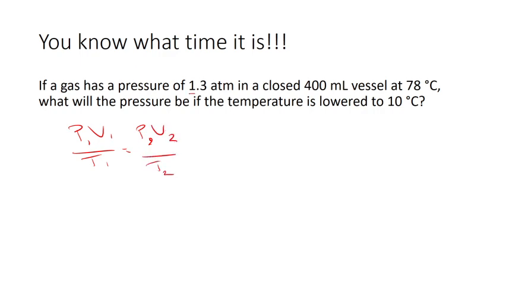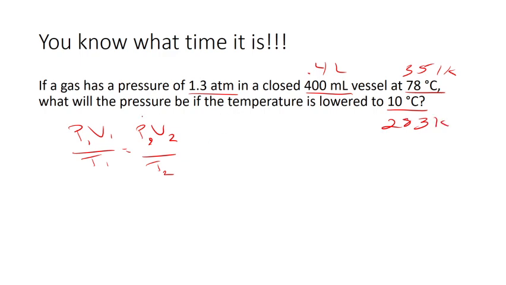We have a gas that has a pressure of 1.3 atmospheres in a closed 400 milliliter vessel, which, if you are following along at home, is 0.4 liters, at 78 Celsius, which is 351 Kelvin. What will the pressure be if the temperature is lowered to 10 Celsius, which is 283 Kelvin?